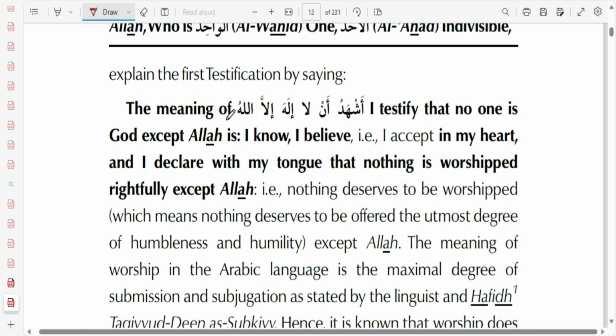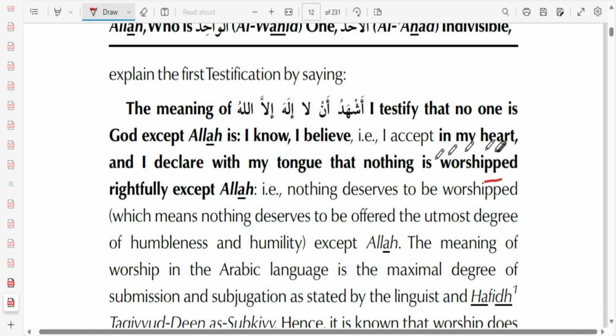the meaning of Ashhadu an la ilaha illallah, I testify that no one is God except Allah, is I know, I believe, i.e., I accept in my heart, and I declare with my tongue that nothing is worshipped rightfully except Allah. Worshipped with two P's, that's not American English.